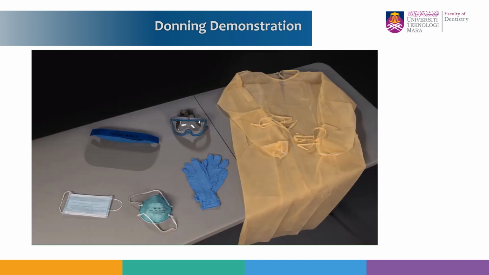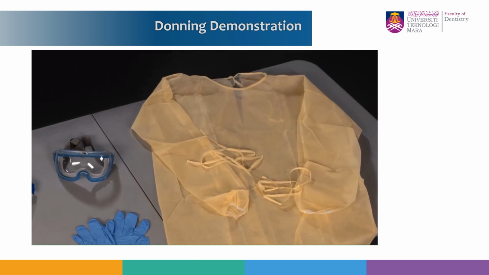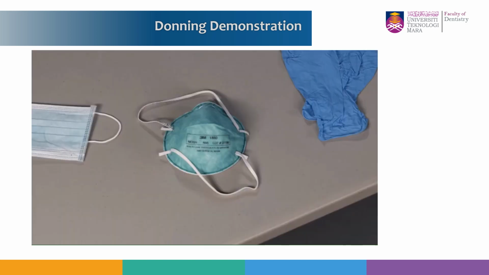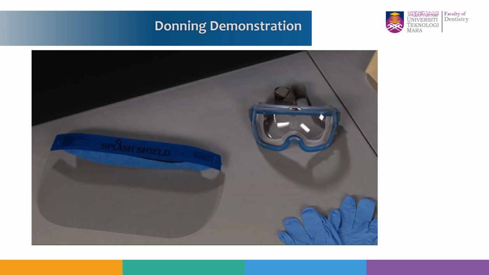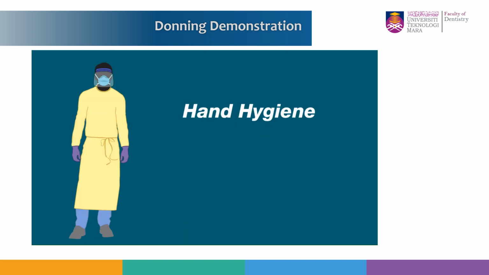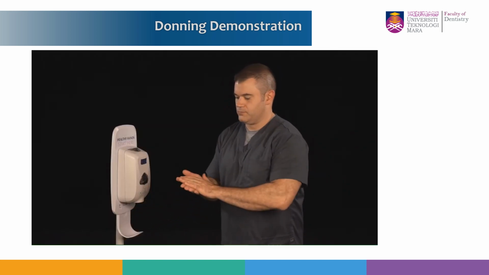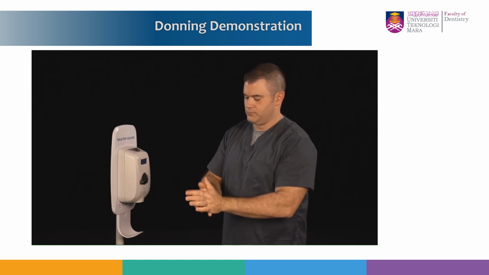First, identify and gather the proper PPE, including an appropriately fitted isolation gown, a NIOSH-approved N95 filtering facepiece respirator or higher level respiratory protection, or if a respirator is not available, a face mask, a face shield or goggles, and a pair of disposable patient examination gloves. Perform hand hygiene using alcohol-based hand sanitizer or washing your hands with soap and water for at least 20 seconds.